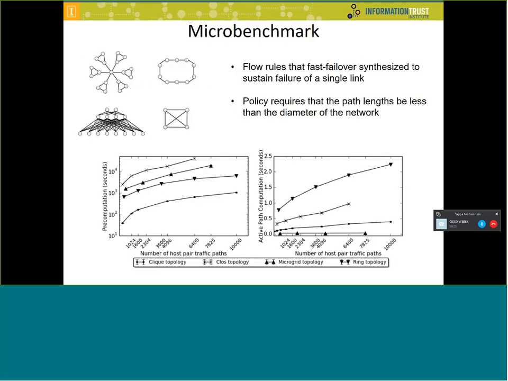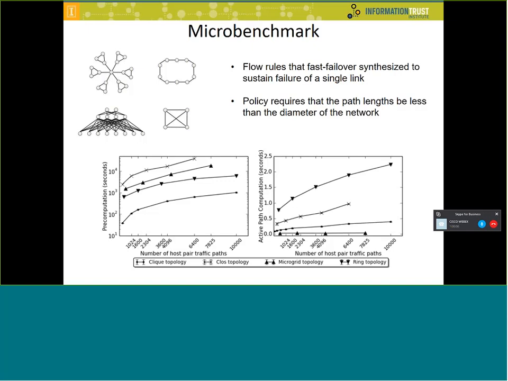First there's a MicroBenchmark. The key reason for doing this was to ask: does doing incremental analysis using this model actually help with anything? So we took a bunch of different topologies, with varying numbers of switches, and added more and more hosts to those topologies.